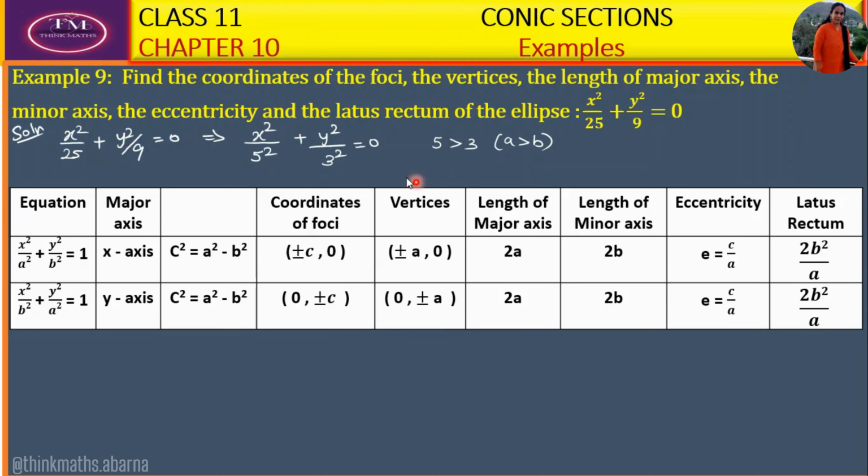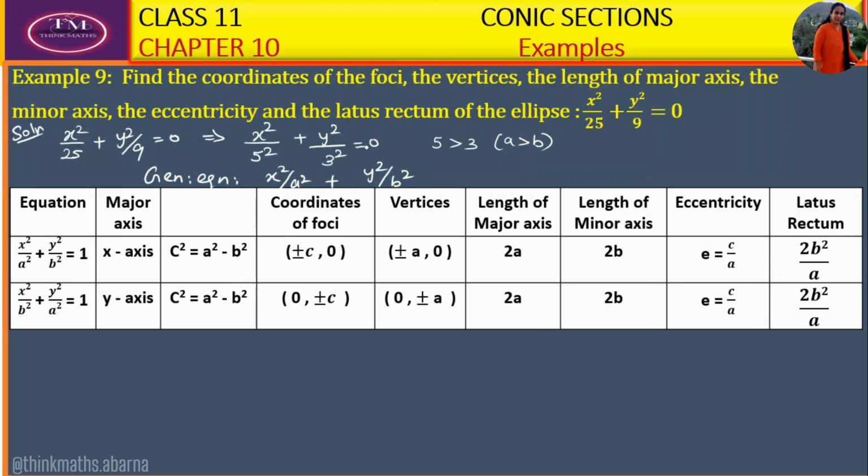Okay. Now we found here it is x square by a square plus y square by b square equal to 1. So this means the general equation of the ellipse is x square by a square plus y square by b square equal to 1.